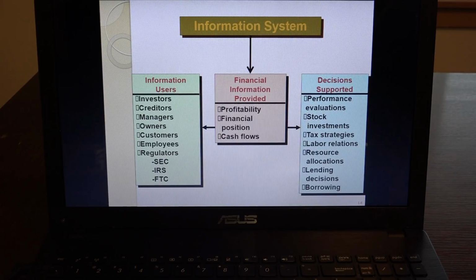If you're a supplier, you want to make sure that you get paid on that multi-million-dollar supply made to the company. It might be a little different decision if you're a supplier who is paid in 30 days rather than 30 years.